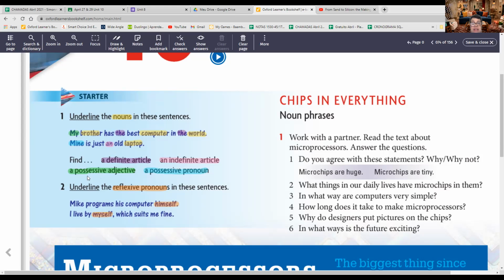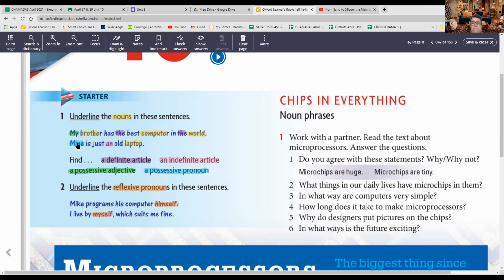Find a possessive adjective. So in green, I highlighted the possessive adjective in the sentence, my, okay? So possessive adjectives, they come before nouns, okay? And finally, find a possessive pronoun. So here in blue, there is an example, okay? Mine is just an old laptop.